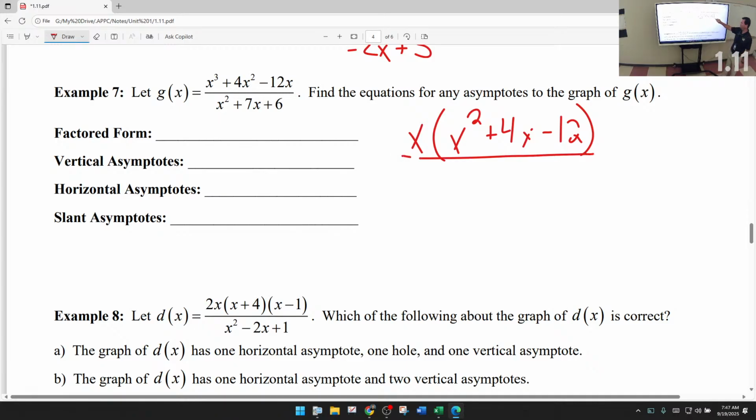And on bottom, I need an x. Let's see, 6 can be 2 and 3, but 2 and 3 won't give me 7, so I need a 6 and a 1. And this one, I need x. I'm going too fast, I guess. 12 can be 4 and 3, but 4 and 3 can't give me 4.